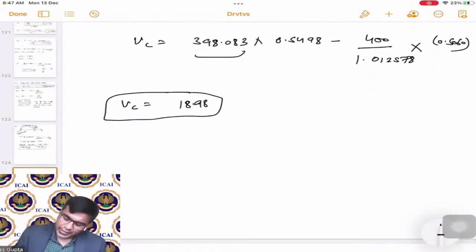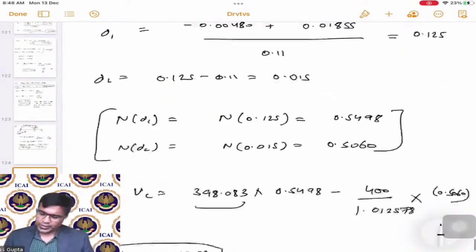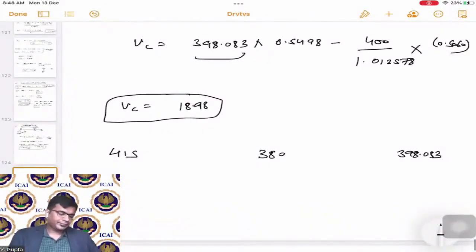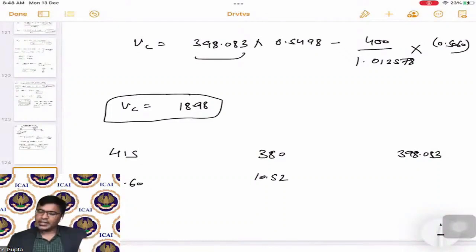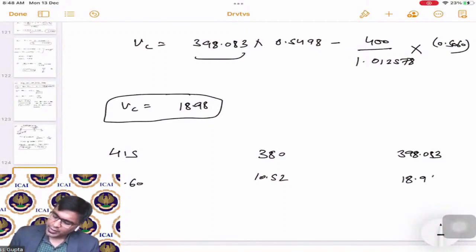So students, if you see, at different prices we have calculated the value of call option. Here it was 29 point something. Yeah, it was 29.60. At 380, it was 10.52. And at 398, which is the adjusted price after dividend, it is 18.98.